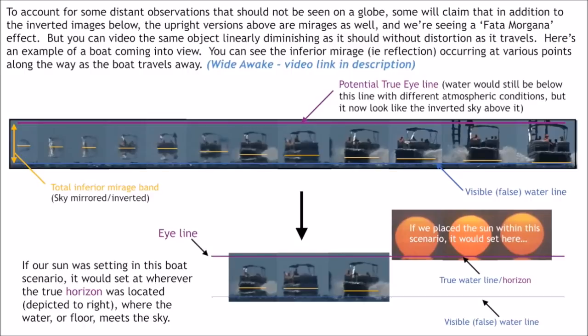So if our sun was setting, if we go down to the bottom example, we pull out the boat, if our sun was setting in this boat scenario, it would set at wherever the true horizon was located, which is depicted to the right a little bit. So I just placed that other picture as an illustration of where an object would possibly set if it were within this boat example.